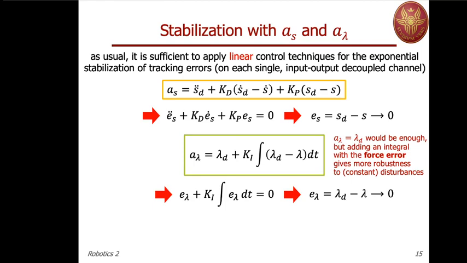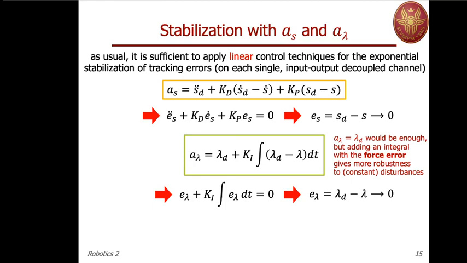So it's very convenient to use this. On the other side, you don't put a derivative on this, because the derivative of the error in lambda would involve lambda dot, and therefore some derivative of the measured forces which we would like to avoid.